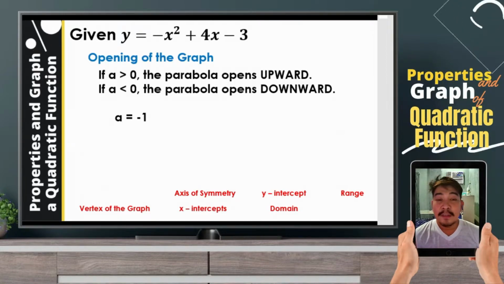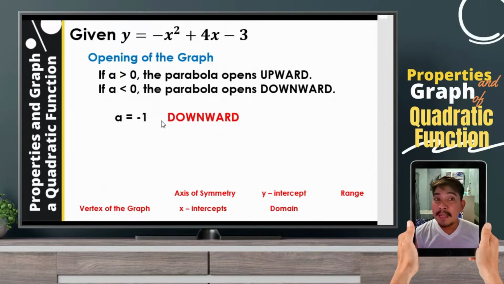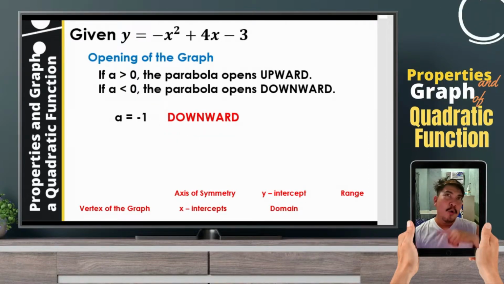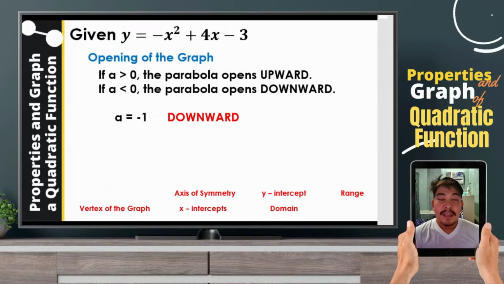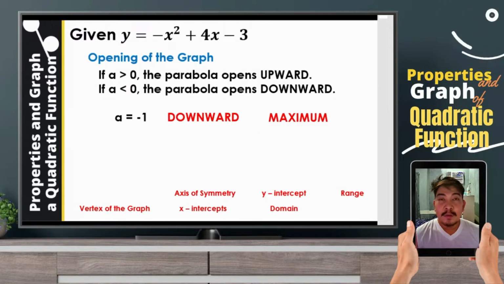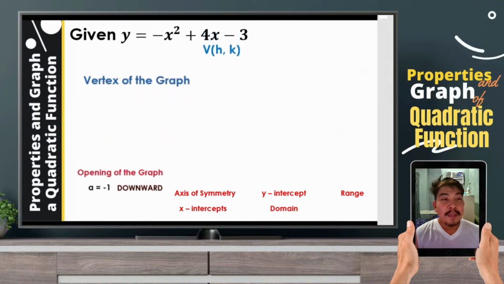If it is negative, it opens downward. Since the value of a here is -1, we can say that the parabola will open downward. Since it opens downward, the vertex will be at its maximum point. So therefore, the quadratic function will have a maximum value. Okay? So we are through with the opening of the graph.